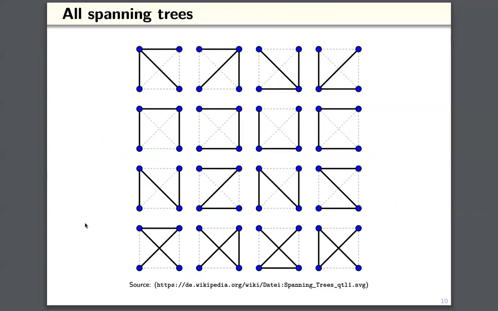If the graph is not at all connected, you cannot have a spanning tree. Simple, right? So we can define the cost of a spanning tree as the sum of the weights on the edges of that tree. We have different weights for different spanning trees, and we want to choose the spanning tree that minimizes the cost.